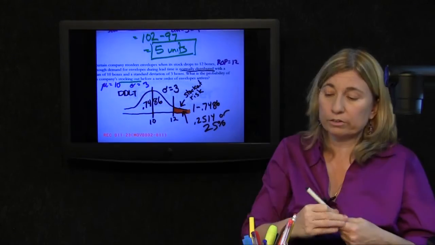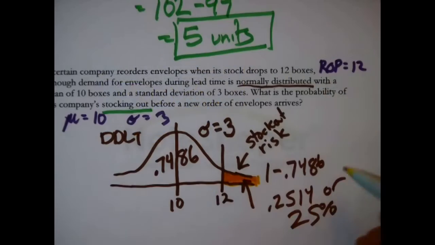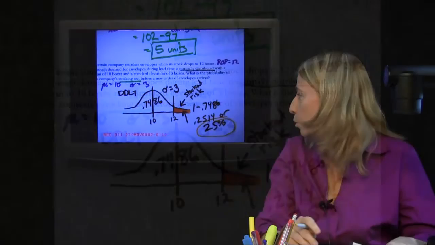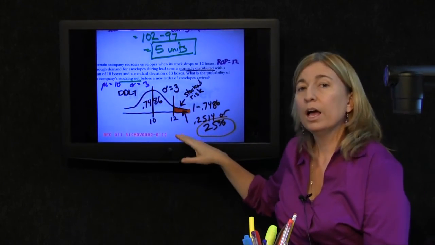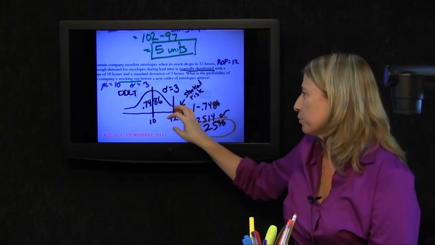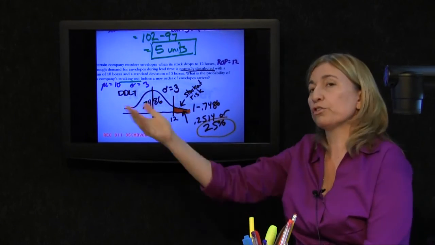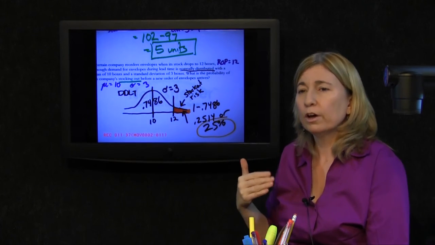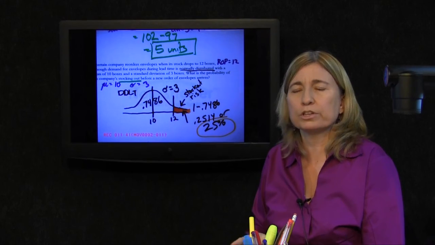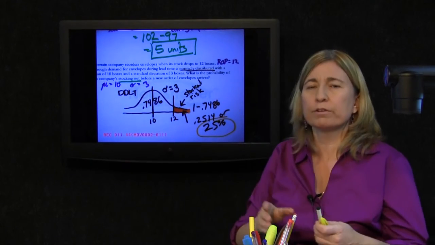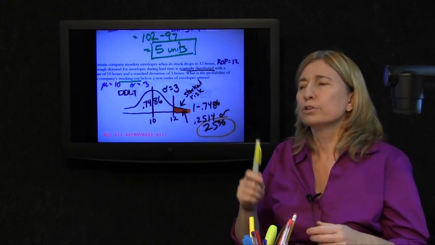That rounds rather nicely to 25%. That's the answer to the question, because the question was, what's the probability of stocking out? In finding out that 25% of this curve is to the right of the reorder point, we have found out that there's basically a 25% chance of stocking out every time you place a new order.